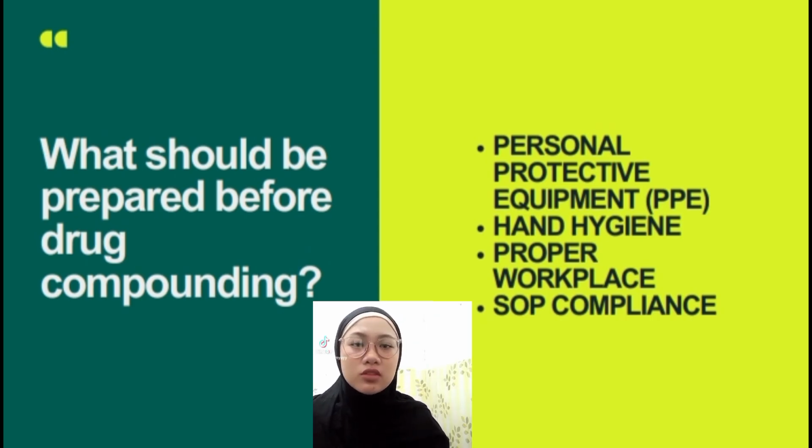We must ensure that the working area is clean, sterile, and well organized before compounding a drug. Lastly, we must follow the applicable standard operating procedure and check the drug labels and expiration dates of each medication to ensure safety and prevent errors during the compounding process.